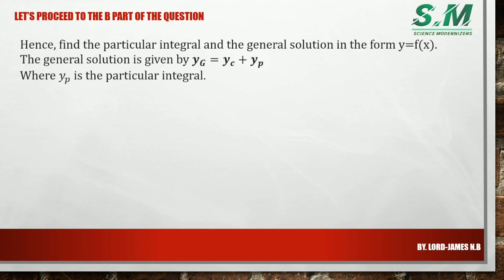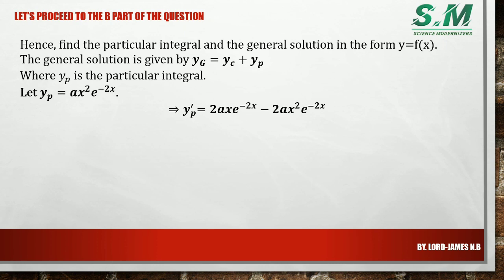Now the b part of the question says we should find the general solution. We saw that the general solution is equal to yc plus yp, where yp is the particular integral. So we are still going to let yp be ax squared e to the negative 2x, whereby when we differentiate, we use the product rule. You keep ax squared constant and... rather, you keep e to the negative 2x constant and differentiate ax squared, where we get 2ax e to the negative 2x.